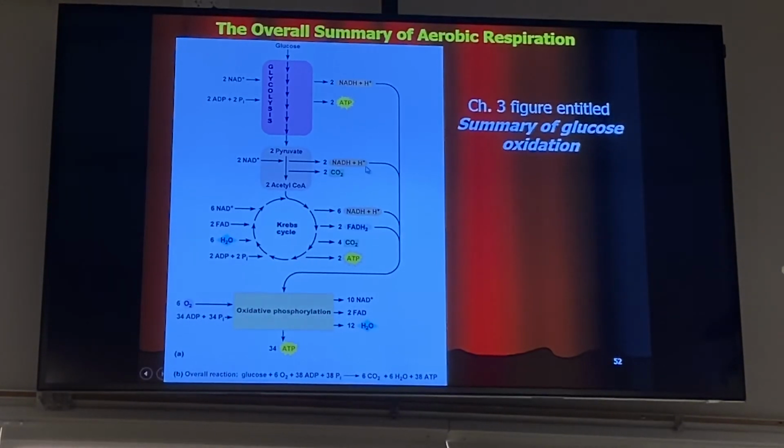But these two and these two are substrate level phosphorylation. Everybody got it? Because once you're done with the Krebs cycle, you are done with the carbons. You started out with 6, 2 go out here, 4 go out here. There's your 6. Everybody see that?